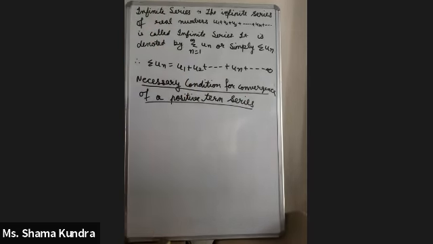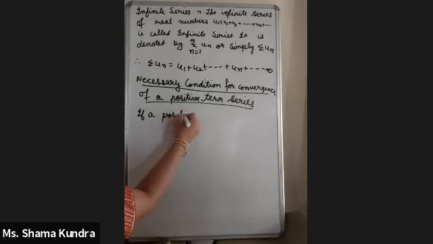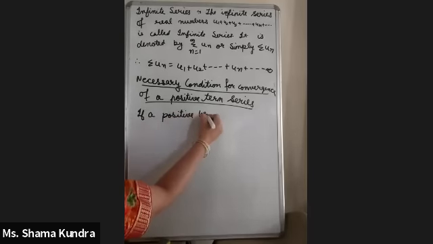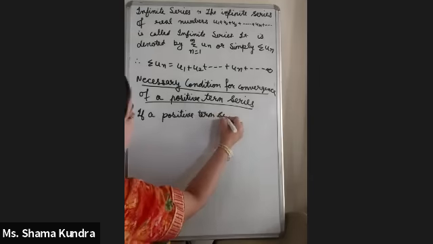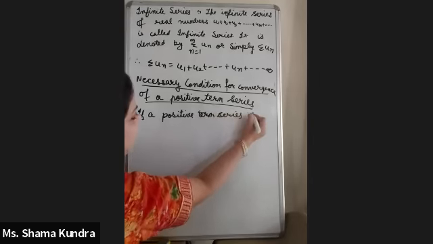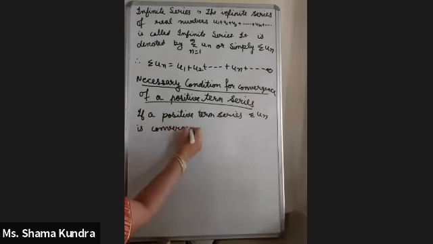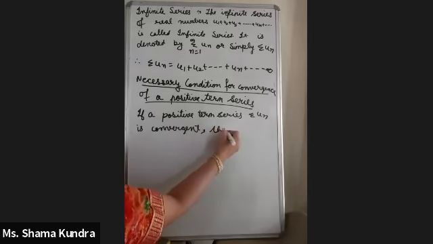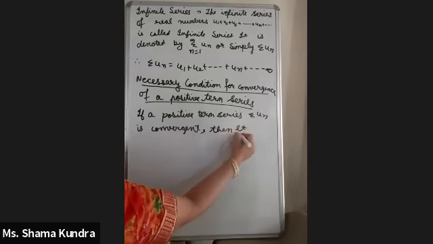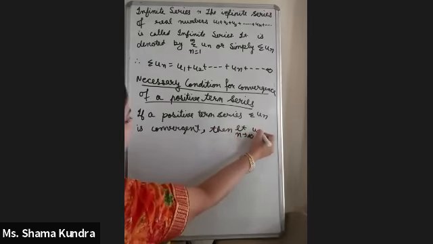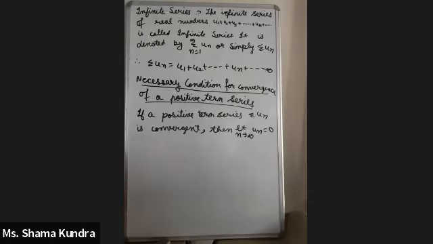This is also called the test of divergence. If a positive term series summation un is convergent, then limit n tends to infinity un equals 0.